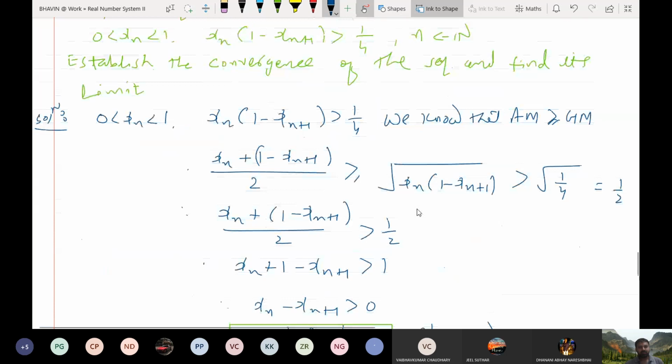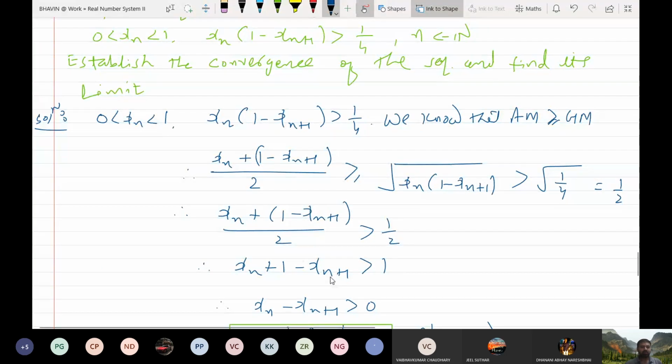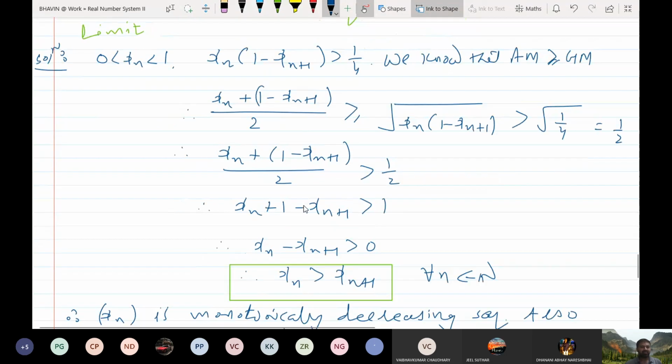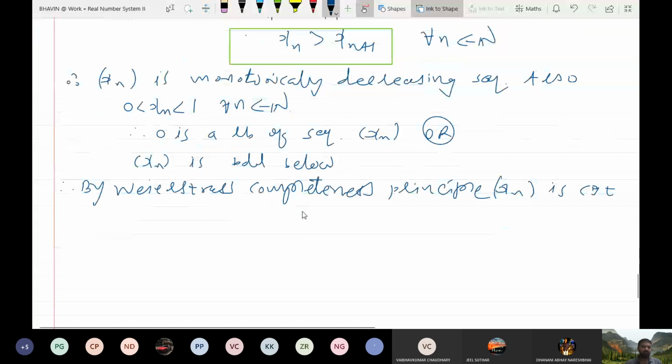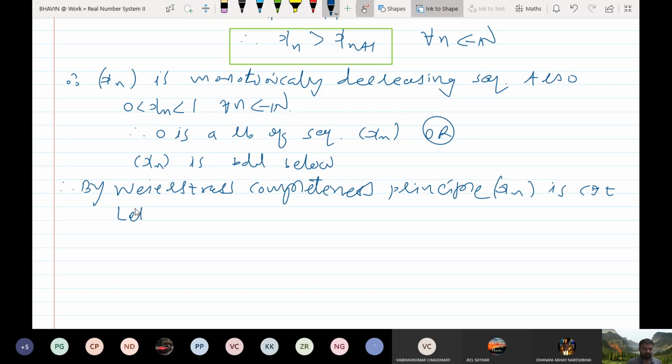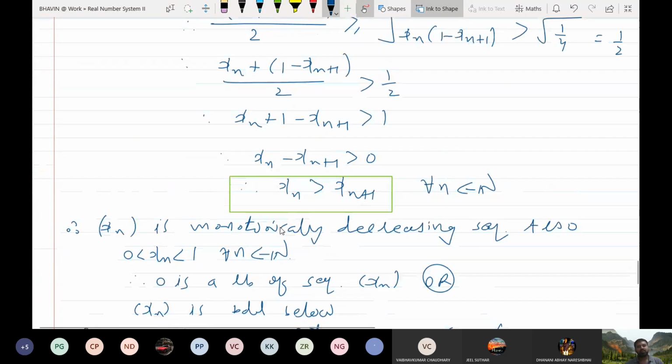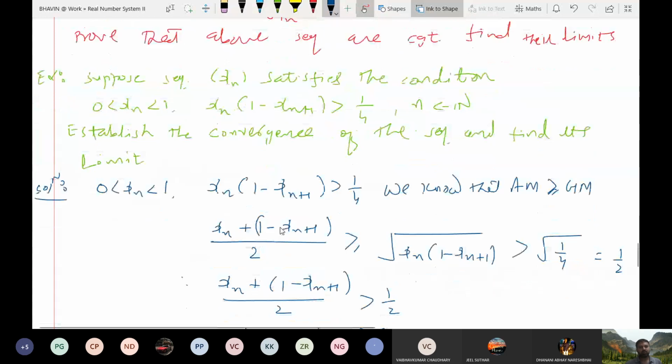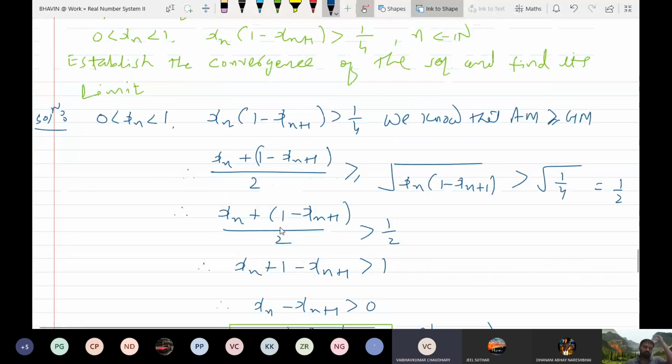Now how to find the limit of this sequence? Let us assume that its limit is a. Any idea, Vaibhav? Let me think, sir.